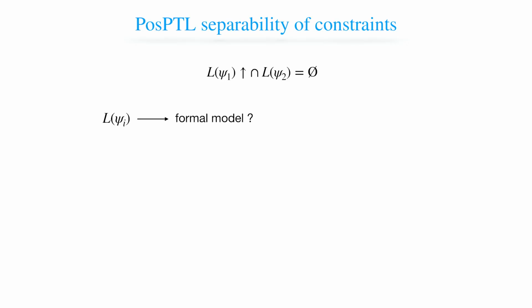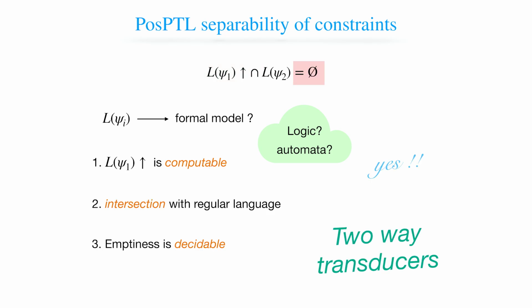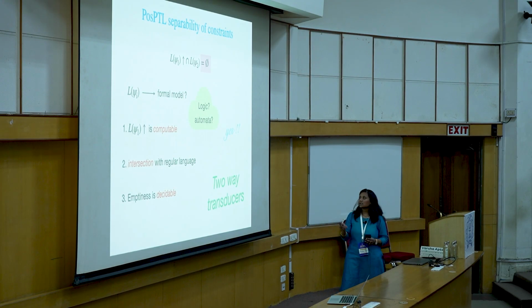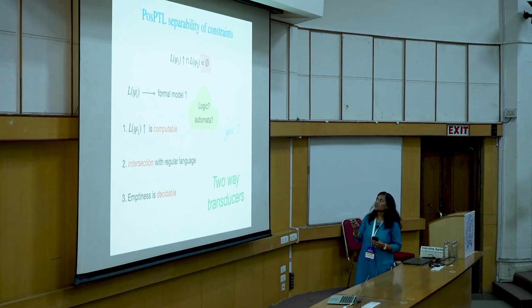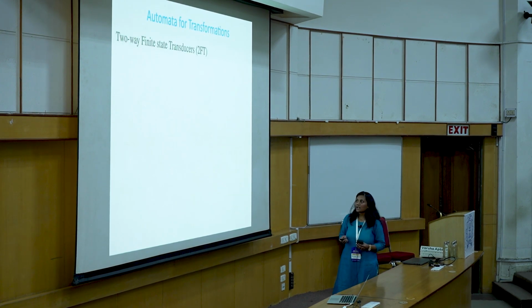And for this particular result, we have taken help from transducers, two-way transducers. Actually my PhD topic and my previous work was fully on transducers. So when this question came, it became somewhat intuitive that we can use transducers to solve this problem. And we have shown that it is decidable in X space.